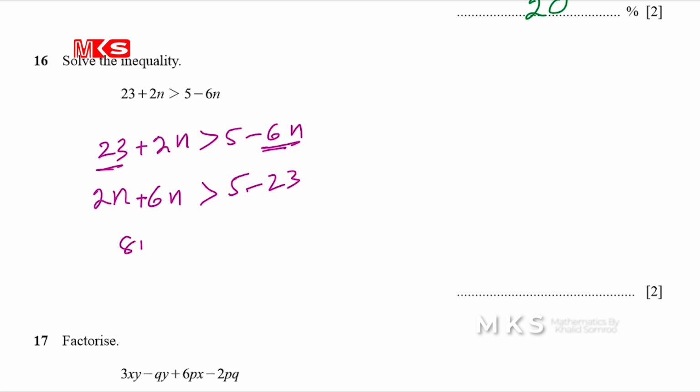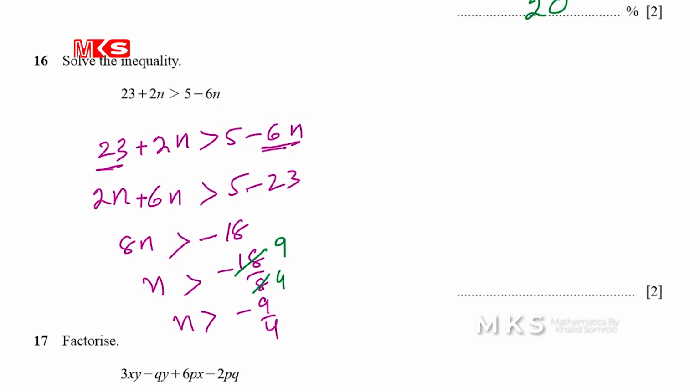This is 8n is greater than minus 18. We subtract 5 from 23 and the sign of the larger number goes with the answer. So n is greater than minus 18 over 8, or we can simplify, 2 nines are 18 and 2 fours are 8. So it is minus 9 over 4.